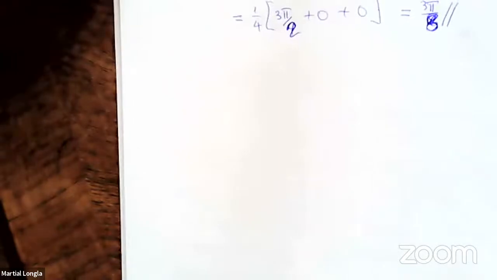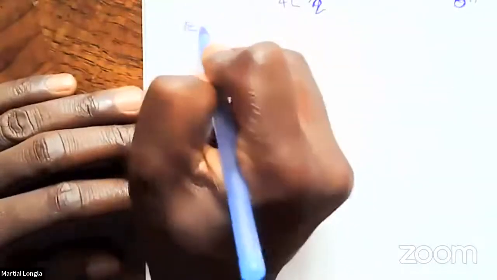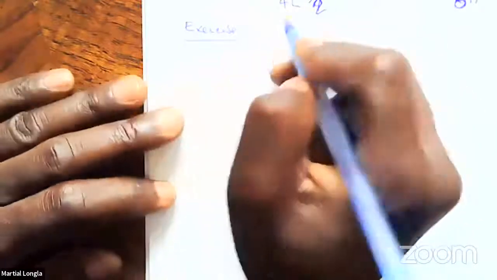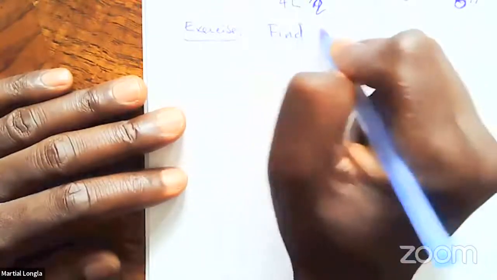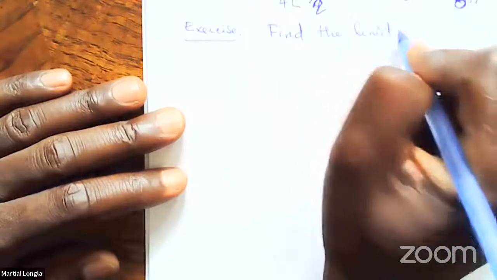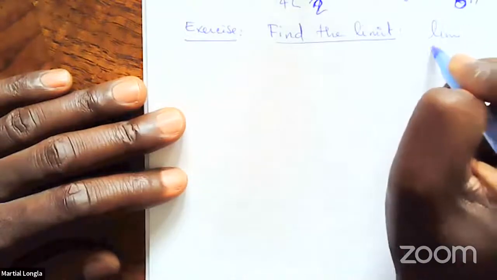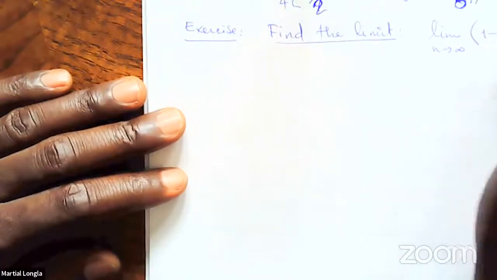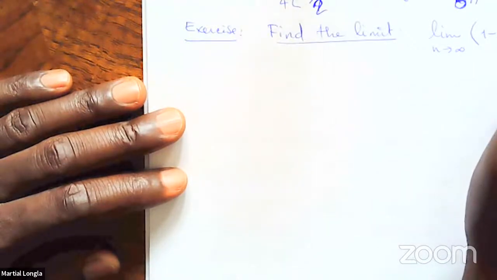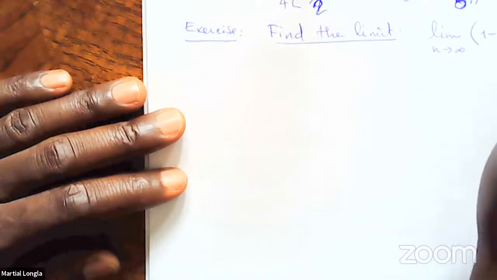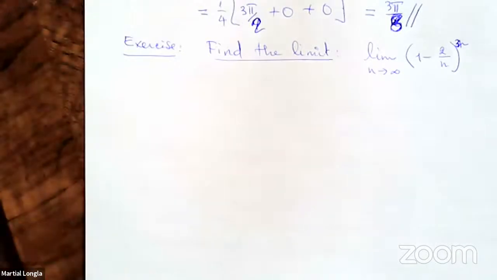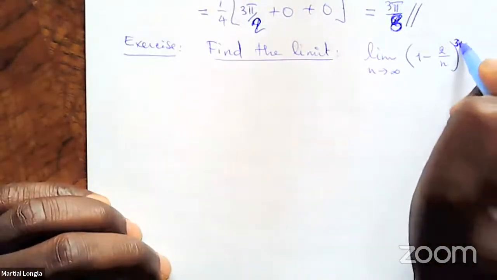All right. The next thing is find the limit when n goes to infinity of 1 minus 2 over n to the power 3n.